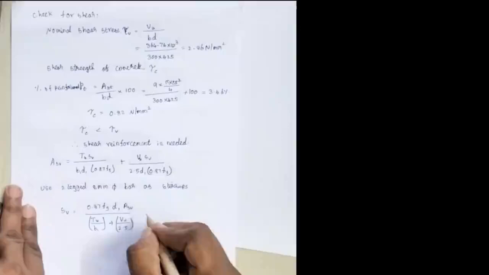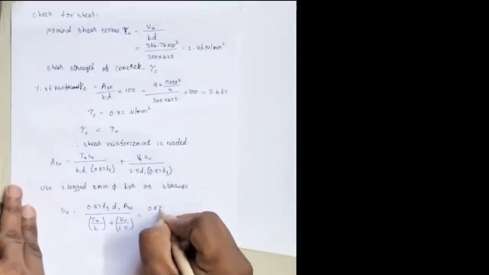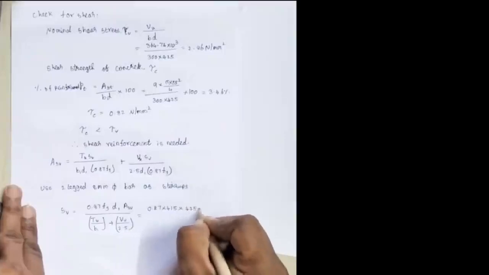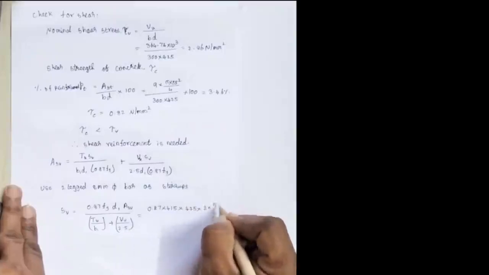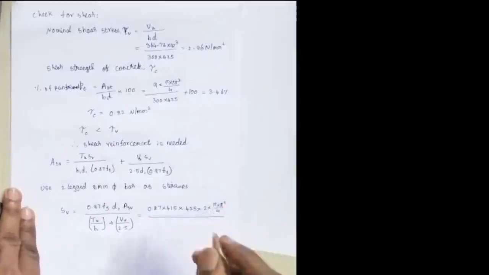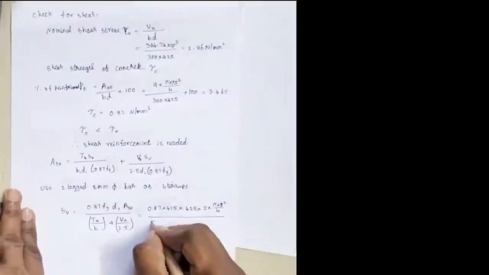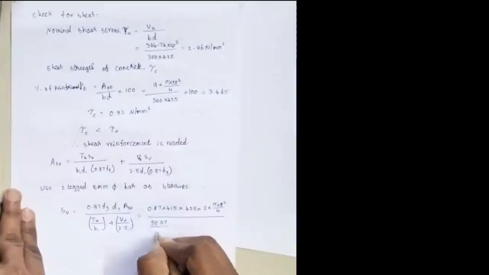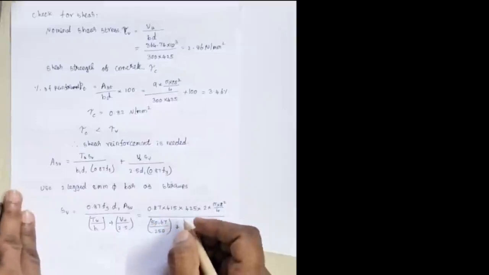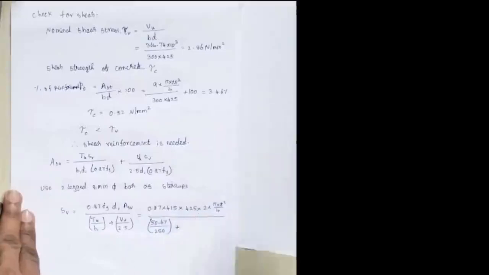If you substitute this value, 0.87 fy is 415 and d minus cover is 425 mm, and Asv is two-legged, that is two into pi into 8 square divided by 4, divided by the Tu value which we have calculated as 50.67, divided by b1, that is 300 minus cover 25 means 250 mm, plus Vu which we have calculated previously as 94.25.